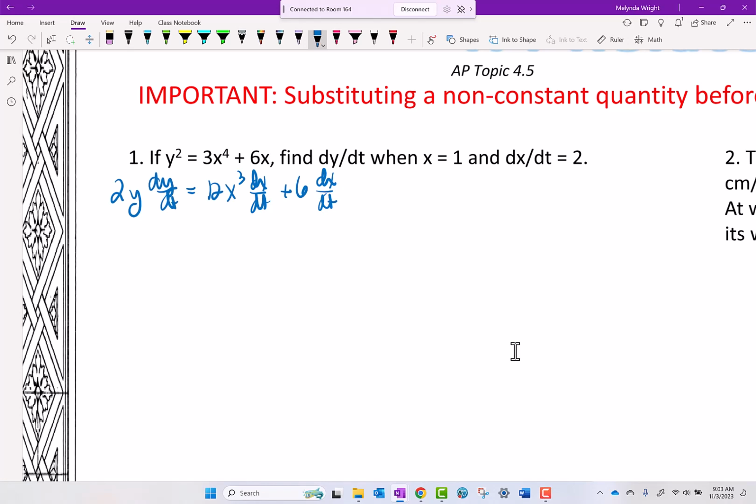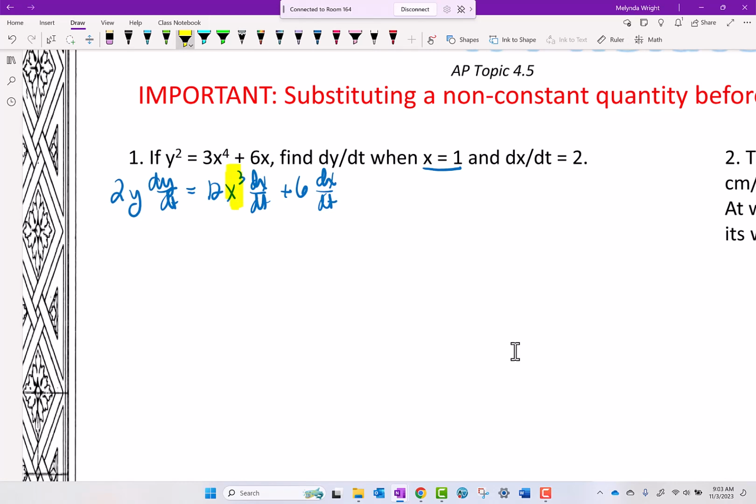At this point, we would substitute in. There are several ways to do this. What I typically do is just throw the numbers in and see what's left over. But let's highlight what we have and what we need. I know the x value, that's 1.